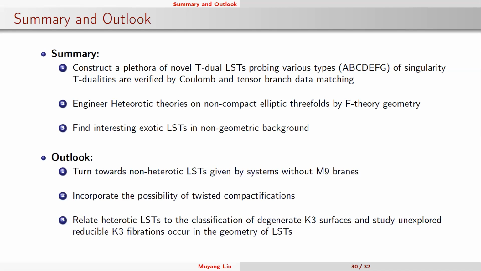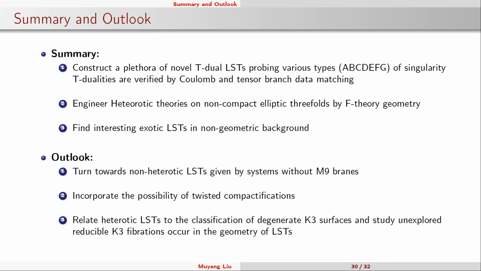And in the future, we anticipate turning towards non-heterotic string theory given by systems without neighborings. This is not associated to the base that we talked about before, namely P1. It is associated to other types of string theory bases that can be realized by F-theory. We can also incorporate the possibility of twisted compactifications that usually lead to genus 1 fibrations rather than elliptic fibrations.